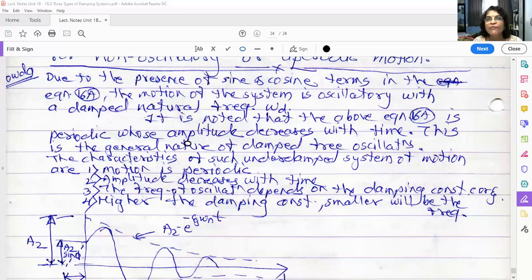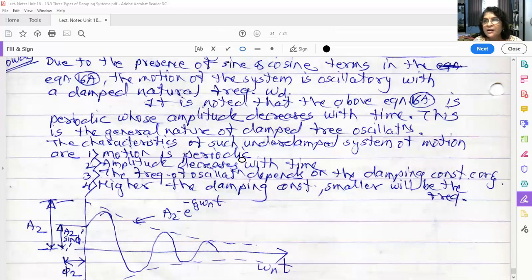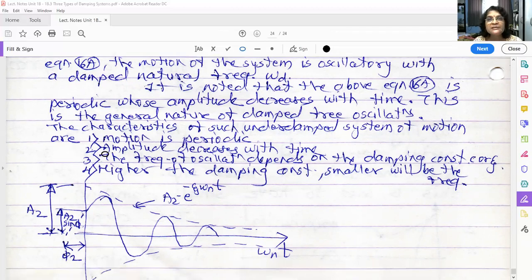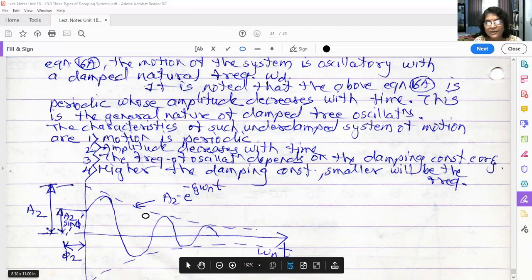What are the characteristics of this underdamped system of vibration? First characteristic is that the motion is periodic. Why? Because the sine term is present and vibrations are taking place. What's the second characteristic? Amplitude decreases with time. So as t increases, amplitude decreases. And what's the third characteristic?